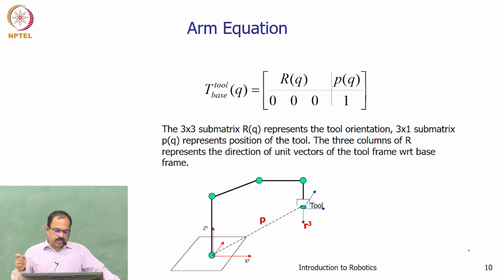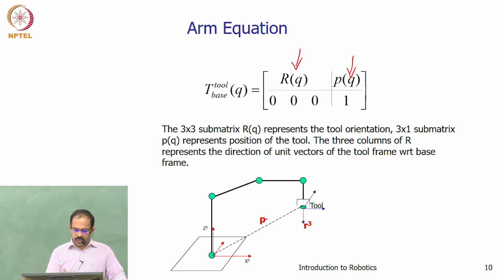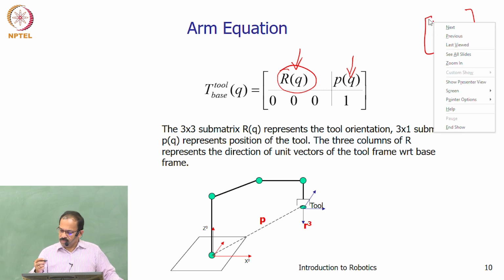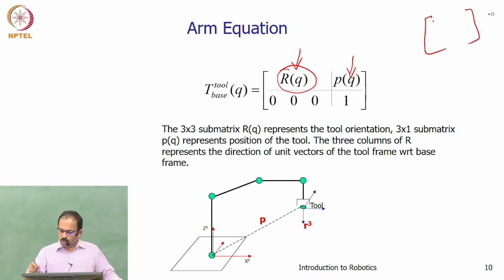So finally the equation will be like this. Tool to base will be a 4x4 matrix with this as the position vector and this as the orientation matrix. The orientation matrix has 3 vectors: the normal, sliding, and approach vectors. The first will be the normal vector, then the sliding vector, then the approach vector, and you will have the 3 positions px, py, pz.